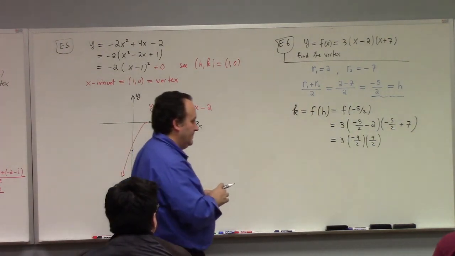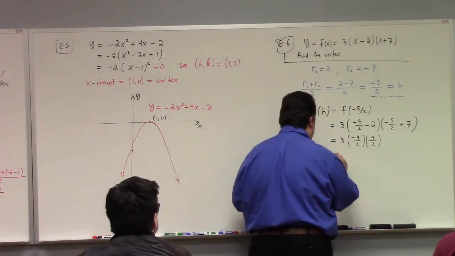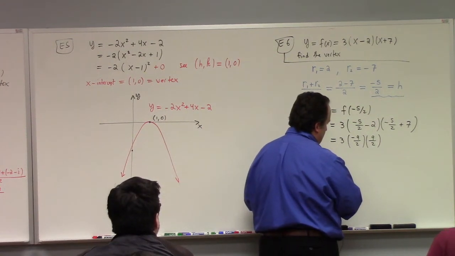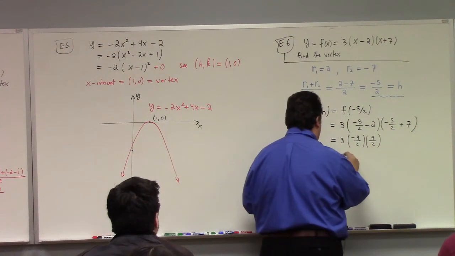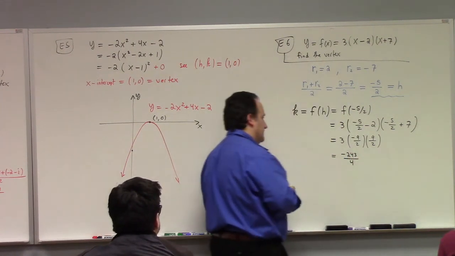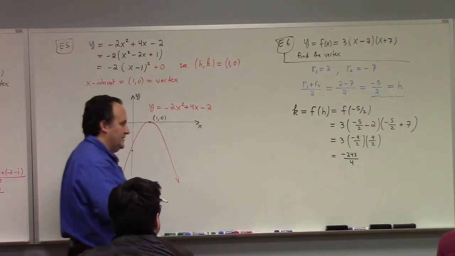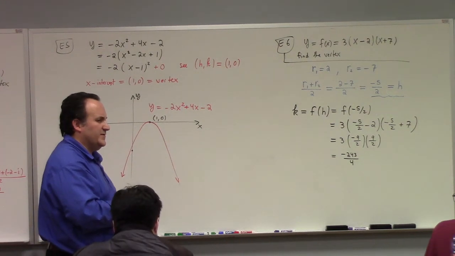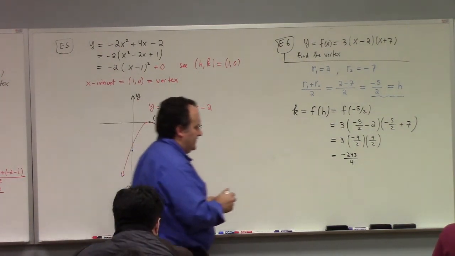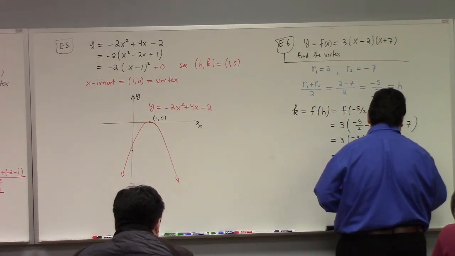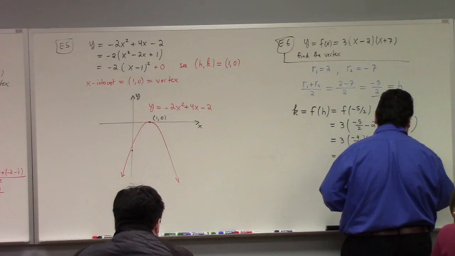Which is what? What's 81 times 3? Minus 243 over 4. Is that right? 81 times 3, 243? That feels right. Okay, so the vertex is apparently minus 5/2, comma, minus 243 over 4.